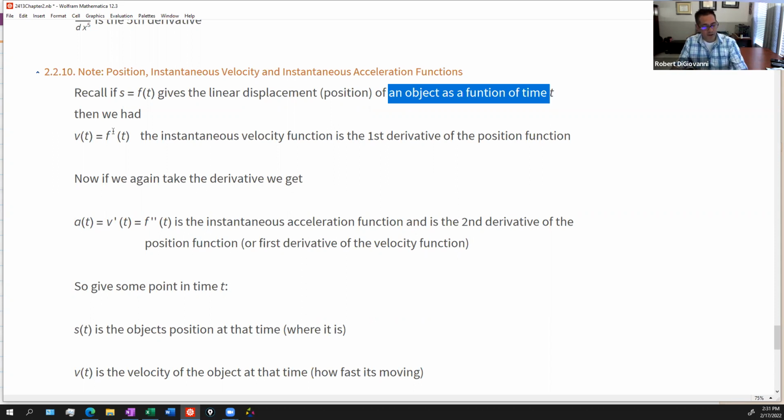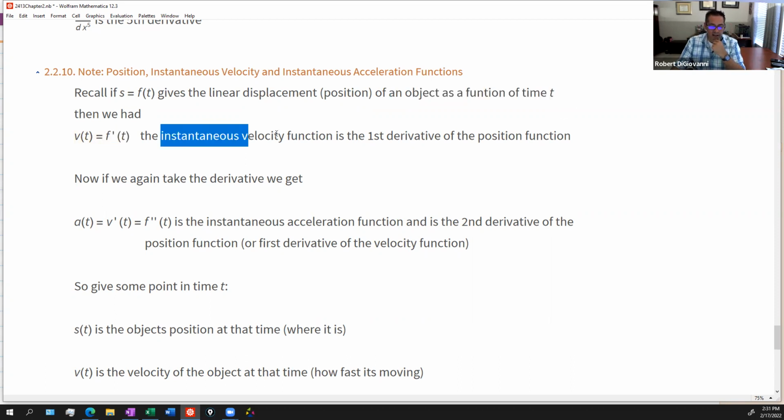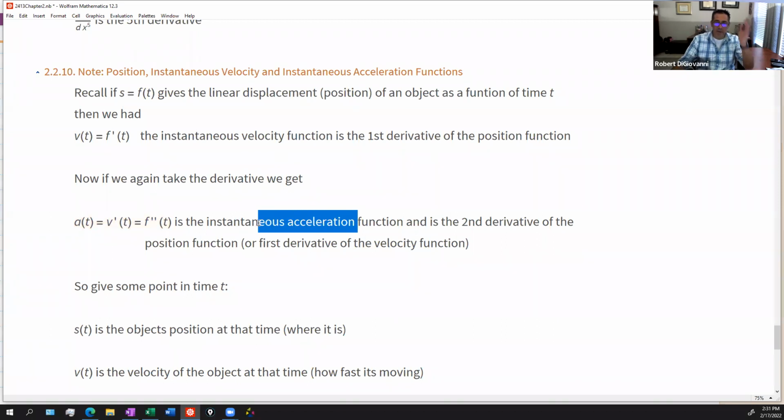Then the first derivative of that function will give you the instantaneous velocity. So start with the position function, the first derivative gives you the velocity function, and then if you do the derivative again, you get the acceleration function. Position, first derivative gives velocity, second derivative gives acceleration.